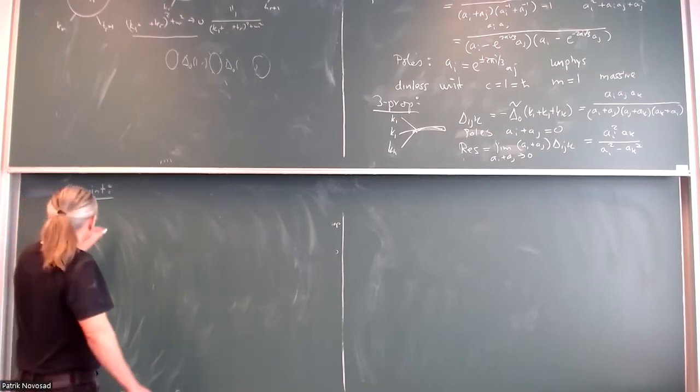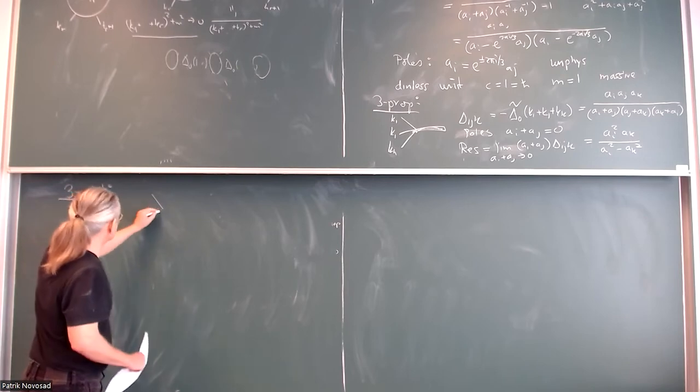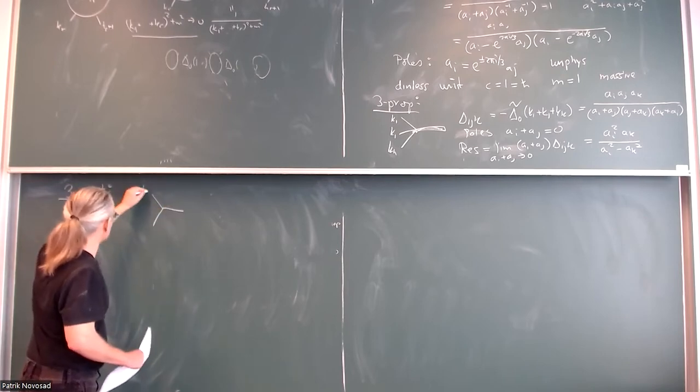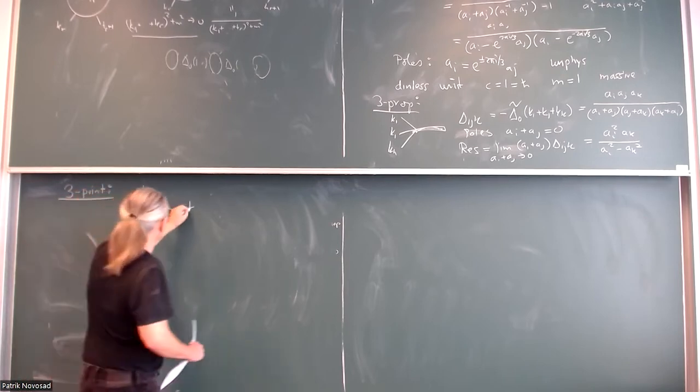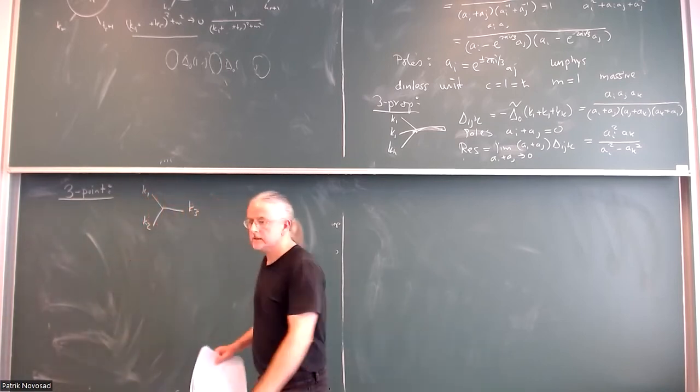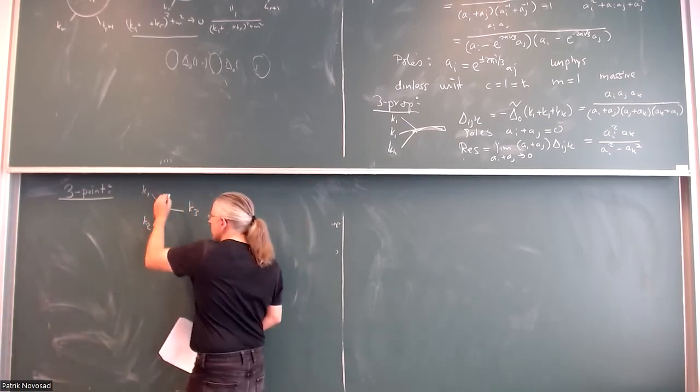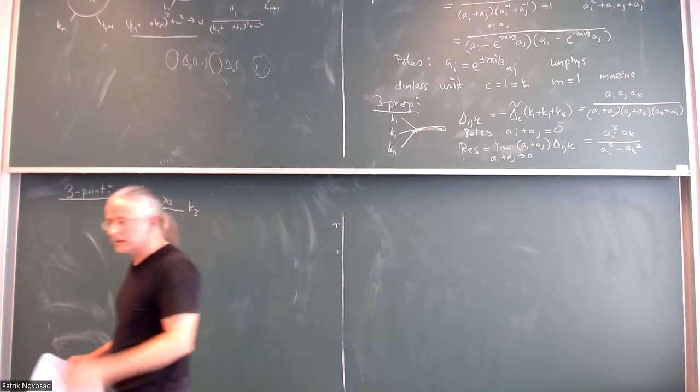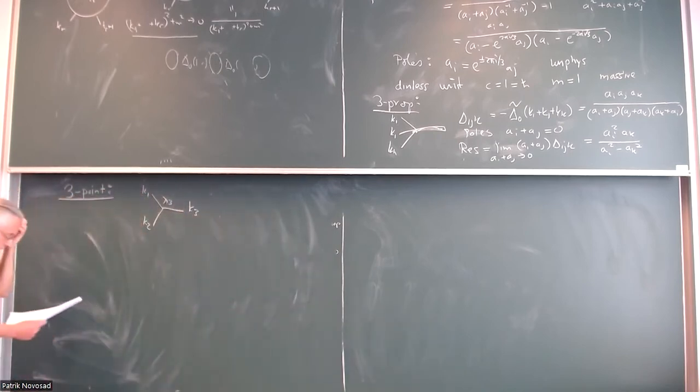The only thing we can think of is this here, k1, k2, k3, like this, and lambda 3. So that's the only tree diagram we can think of.